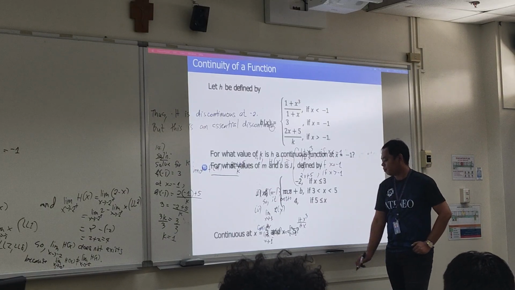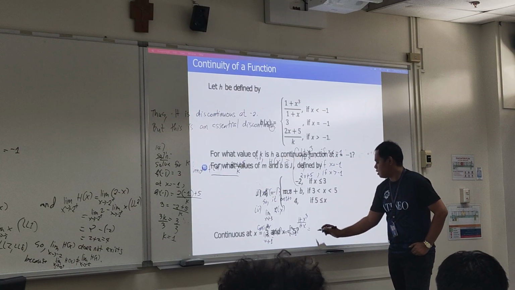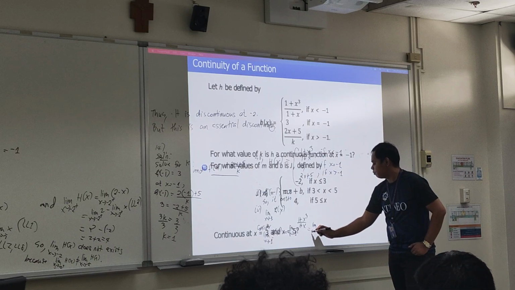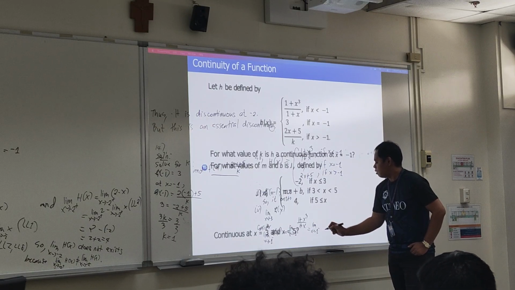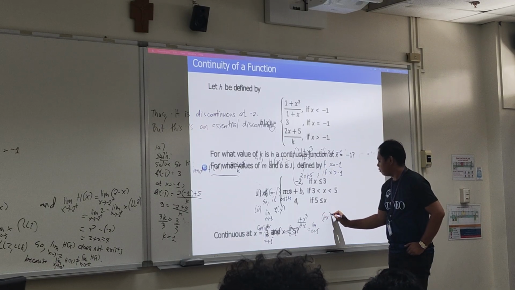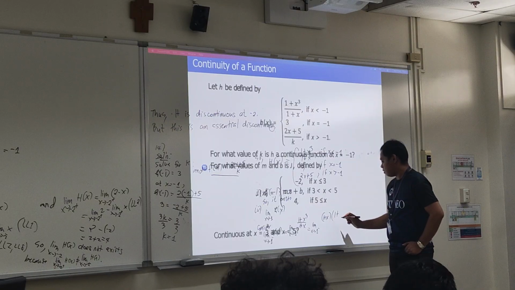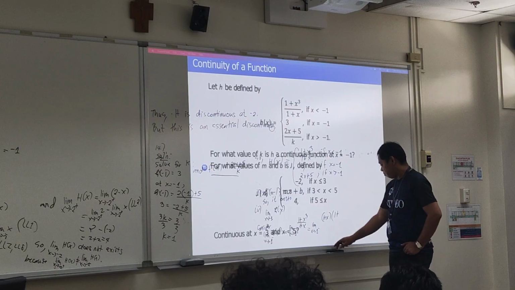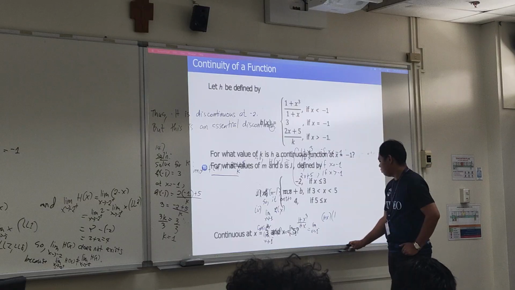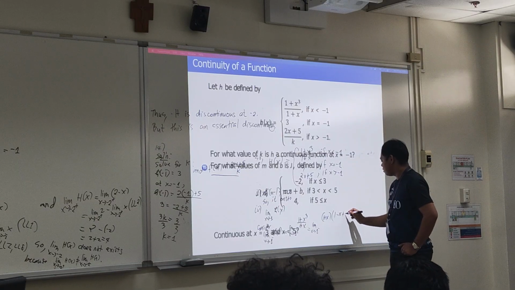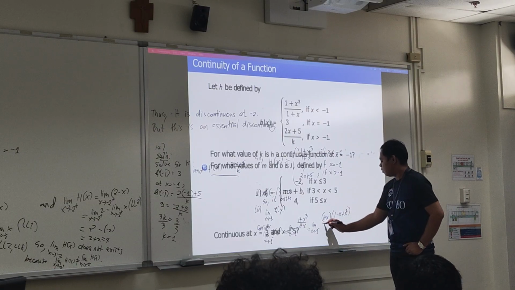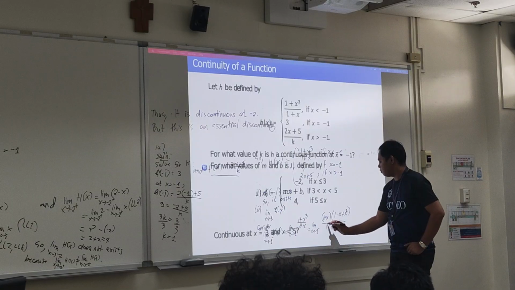Now what is this? This is just the limit of 1 plus x cubed, which factors as 1 plus x times 1 minus x plus x squared, all over 1 plus x.